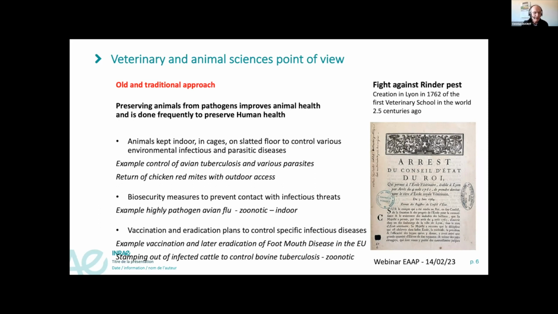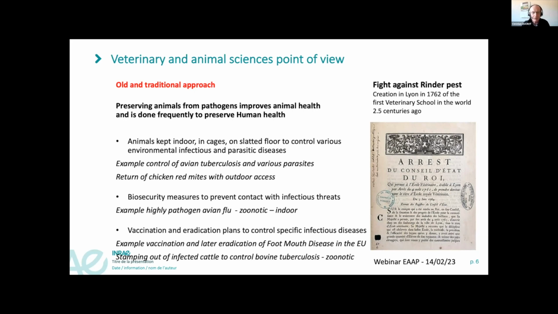And the third means, which I put in the same topic, is vaccination. It's maybe a bit too broad, but I think we can put that here. So it's vaccination and also the eradication plans that are built to control specific infectious diseases.